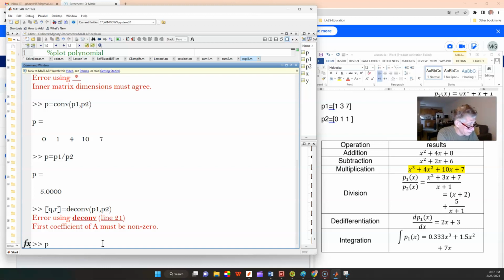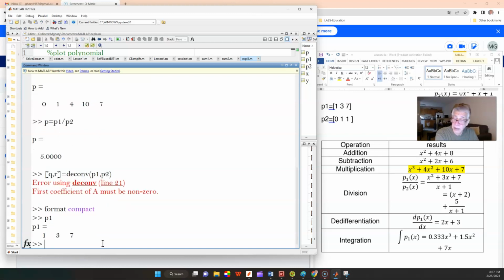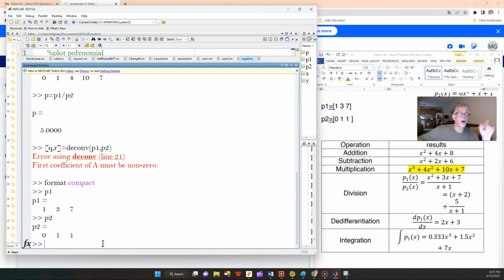Just remember format compact, so it will not leave a big space. P1 is x squared plus 3x plus 7. P2 is 0, 1, 1. You remember why we put 0? Because when you add or subtract, you have to have the same number of terms. In multiplication you don't have to. In division, you should not have the first term equal to 0.